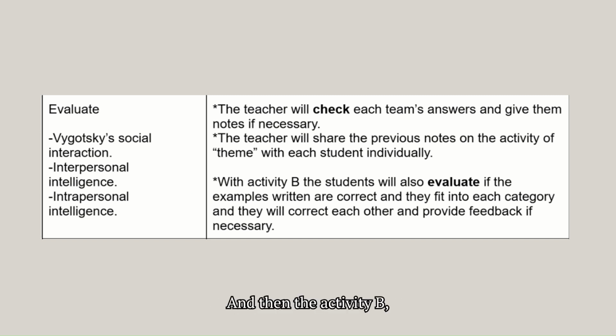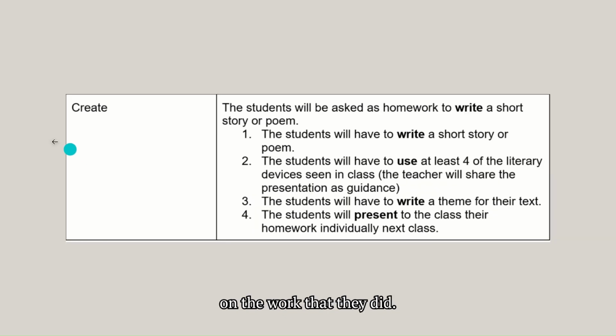And with activity B, the students will also evaluate if the examples written are correct and if they fit into each category, and they will correct each other and provide feedback if necessary. This will help them to have social interaction and interpersonal intelligence, since they will be working in teams, but also self-reflecting on the work that they did.